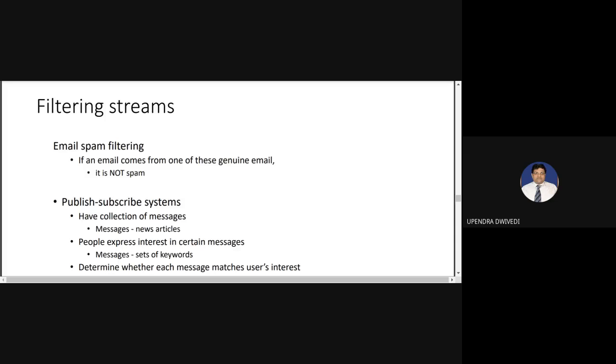One common example is spam filtering. When the Gmail server detects data, it detects whether that email is spam or not. If it is spam, it will be categorized into the spam folder. Sometimes it will block certain information based on its content.